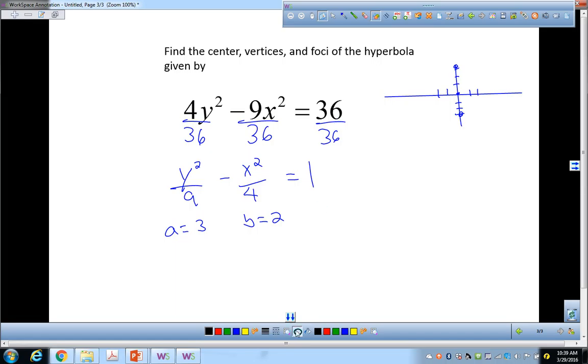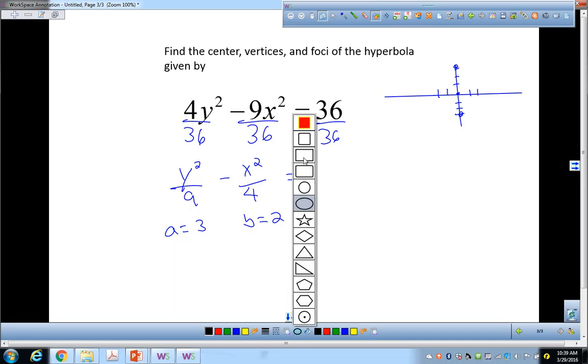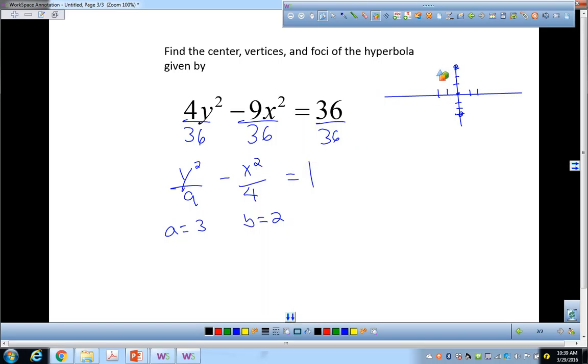You guys all have Moby boards at home, right? Okay, good. And then you draw a rectangle or a box that looks like this. So this distance from here to here, that's B. This distance from here to here, that's A. Okay?